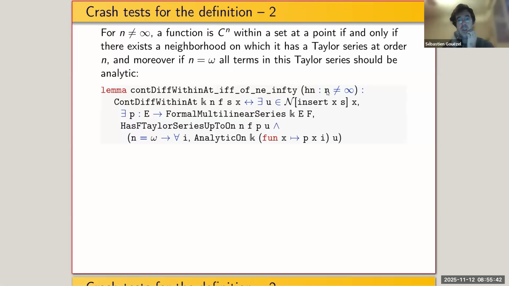When n is larger, this interval is smaller around 0. It shrinks around 0. And then there is no neighborhood of 0 where the function is C infinity. Still, with our definition, it's C infinity at 0, because for any finite n, it's Cn on some neighborhood. But there is no neighborhood where it is C infinity, so you see why we need this condition in the statement.